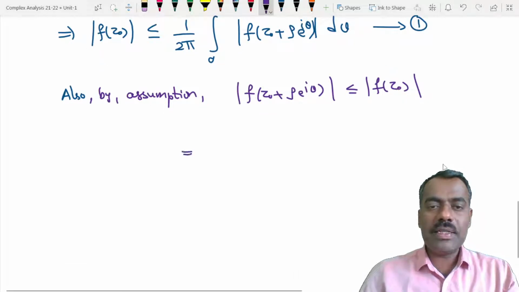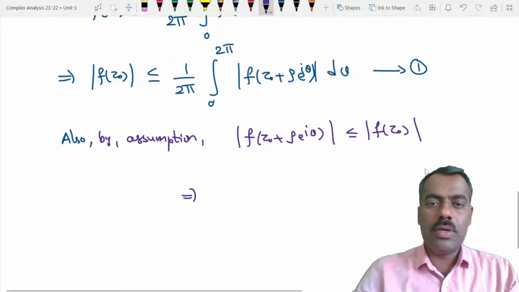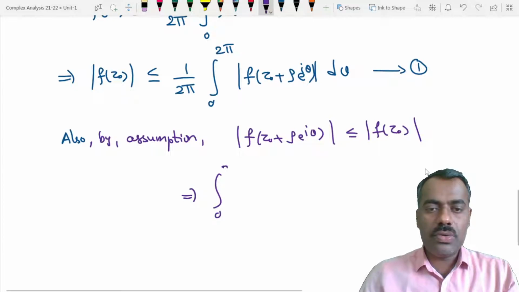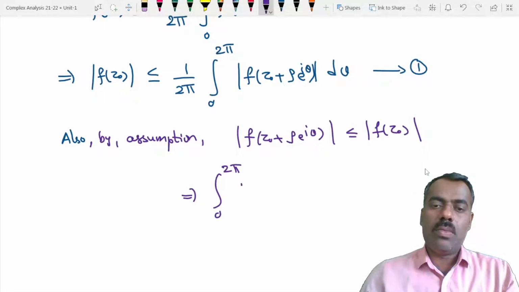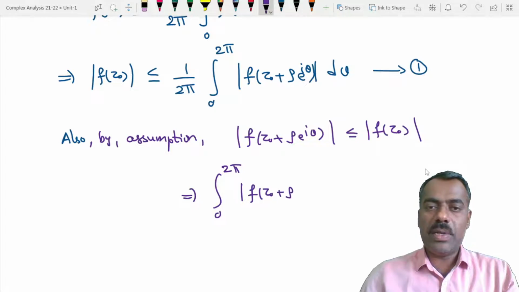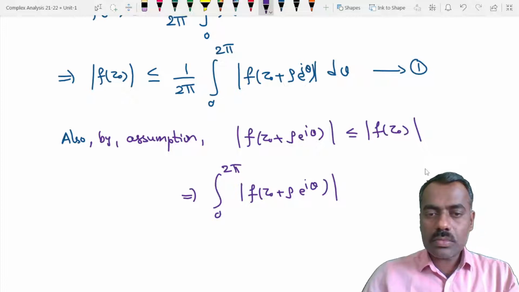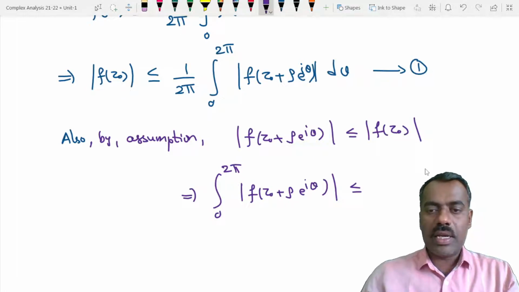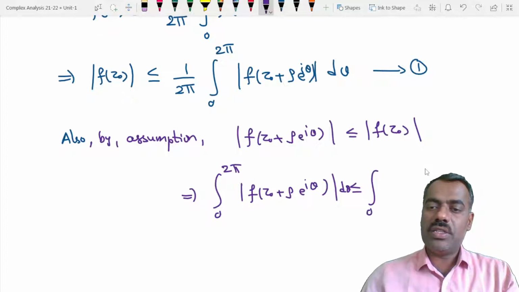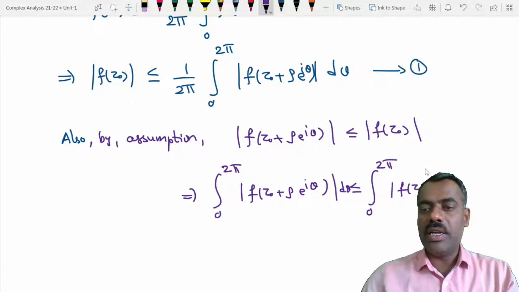This implies the integration from 0 to 2 pi of |f(z0 + rho e^(i theta))| d theta is less than or equal to the integration from 0 to 2 pi of |f(z0)| d theta.